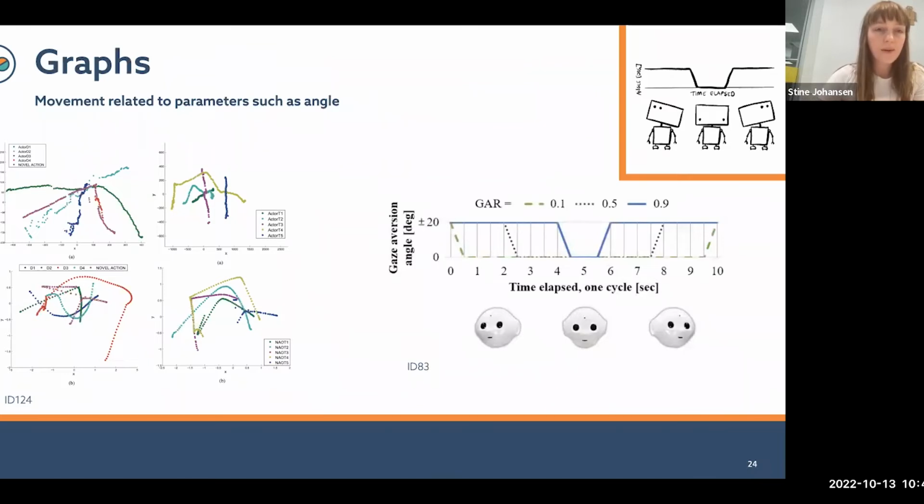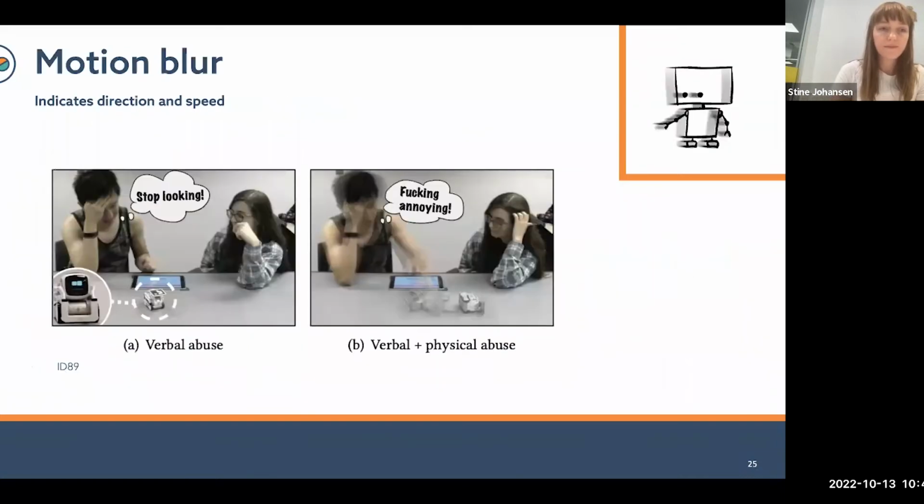We then came across two illustrations that show the movement using graphs instead of coordinate frames. As you can see on the left-hand side, this graph shows the angle of a head movement from this Pepper robot as it progresses over time. And then finally, as I said, we found one illustration that showed motion blur.